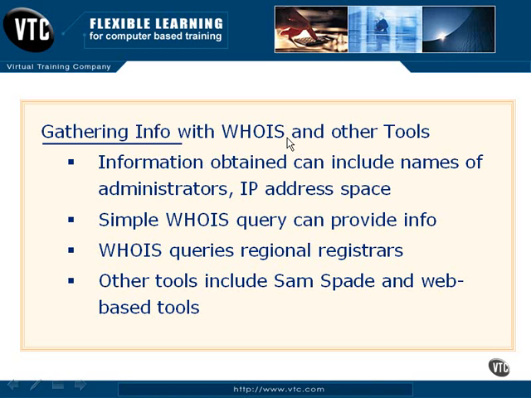You can obtain very extensive information, such as the names of the administrators, the IP address space that exists. You can even query and find out how many different domain names are owned by a particular IP address space. So if a company is hosting their own web servers, then you can search against the IP addresses associated with that and find out what various web servers and websites and domains are hosted there.